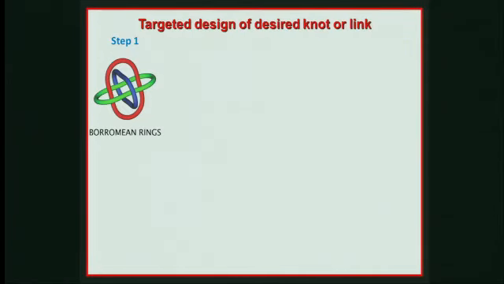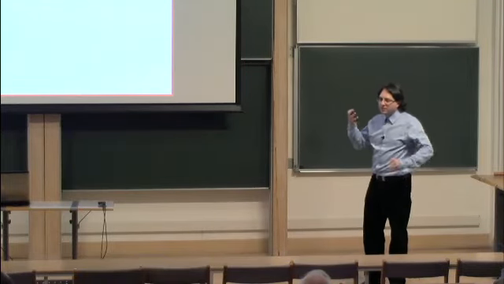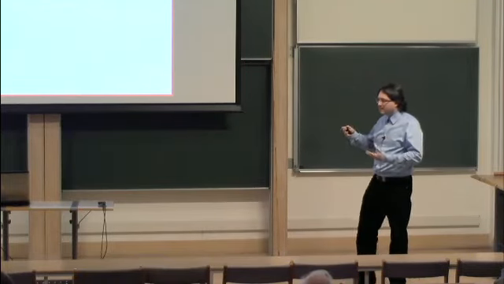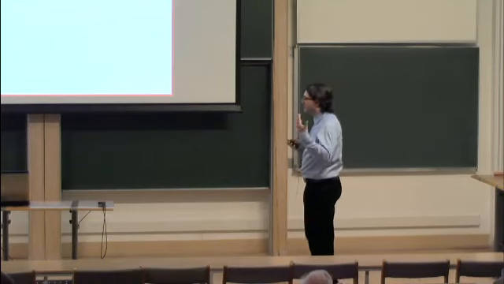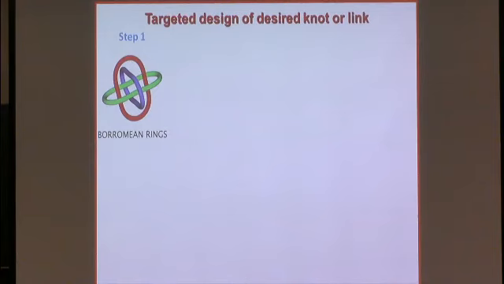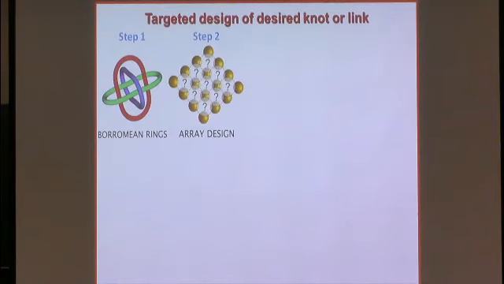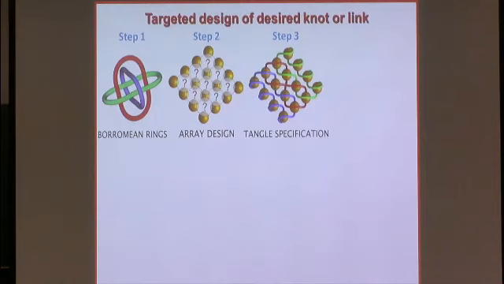Just the last thing which I'd like to say is, if we ask the question, if we want to do something, if we select, for example, Borromean rings, what do we have to do? First, we have to find the appropriate array of the particles, then calculate, of course, the right configuration to find the right distribution of tangles, and we can realize this also experimentally.